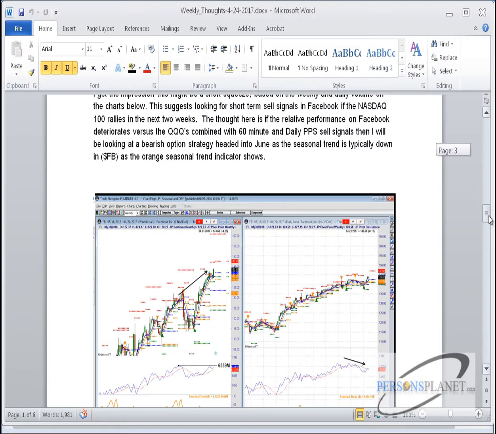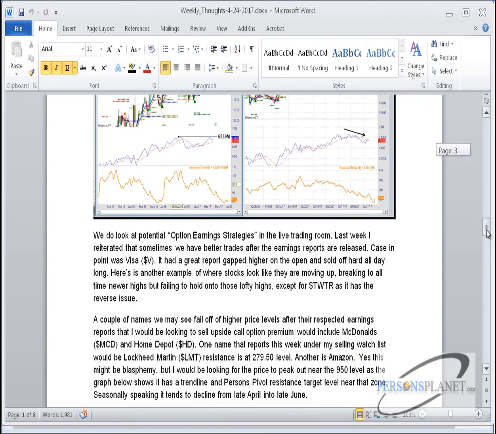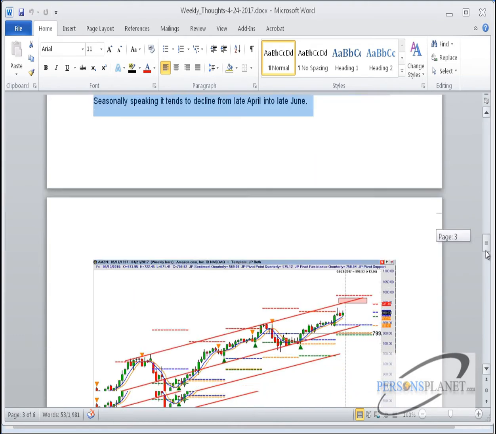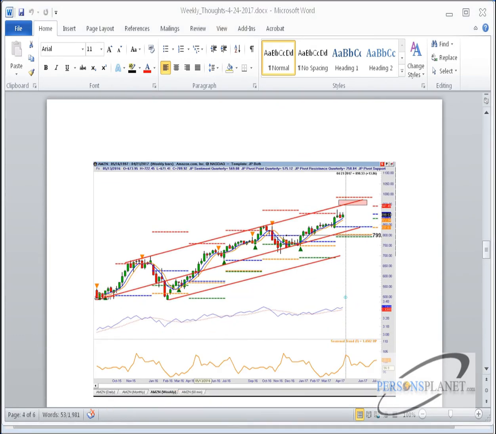So this particular week we were looking at Facebook, and right before earnings we were talking about Amazon and looking for a price to peak out near $950 for their earnings season. So our analysis was looking for Amazon to get up close to the 950 resistance zone near Person's pivots, and of course looking at seasonality, and also identifying the fact that there was a light volume rally here, and that we should see if we did get a spike to the upside.